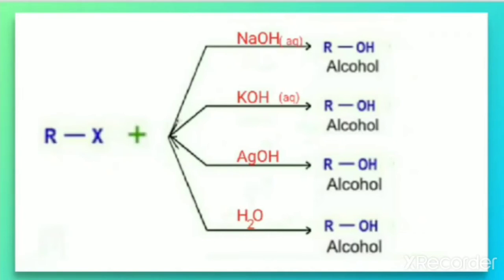So whenever you are given an equation with a haloalkane or alkyl halide, and if the conditions given are aqueous NaOH or aqueous KOH, AgOH or water, at that time you need to replace X by OH and the alkyl group will be written as it is.